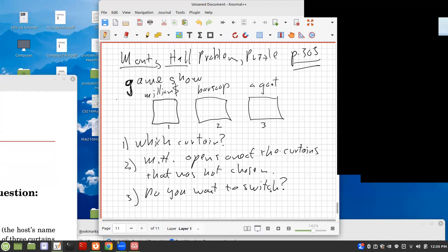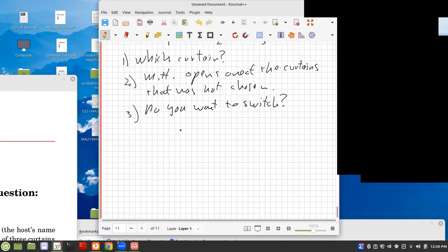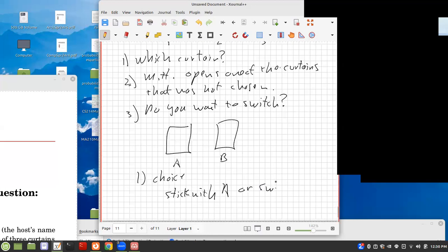Okay. So at this point, one window is open, one of the joke prizes that you haven't chosen. So you have two windows, A and B, and one was chosen, and the question is, do you want to stick with your original or switch to B?